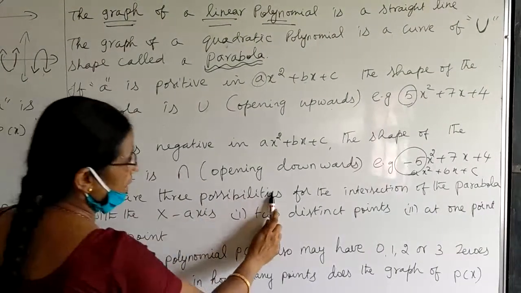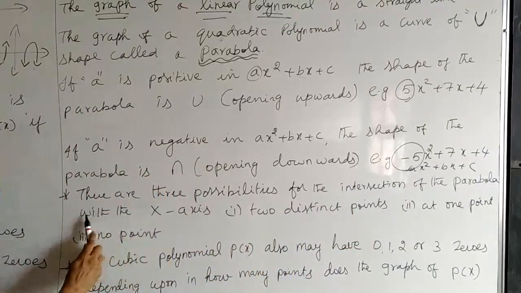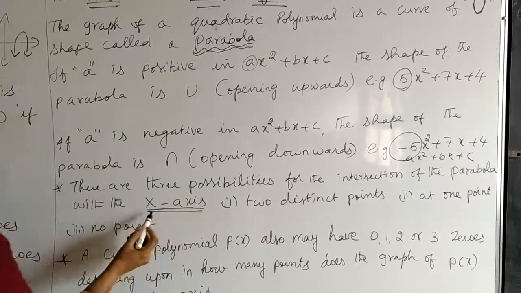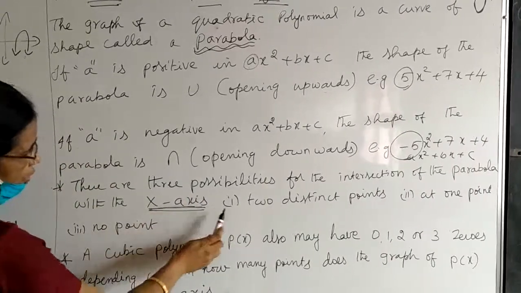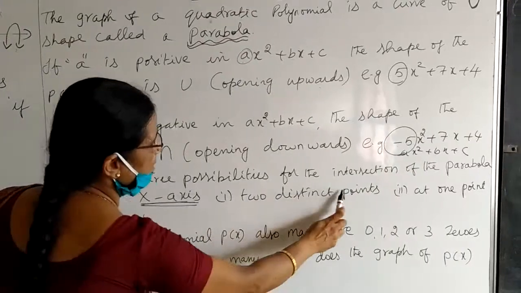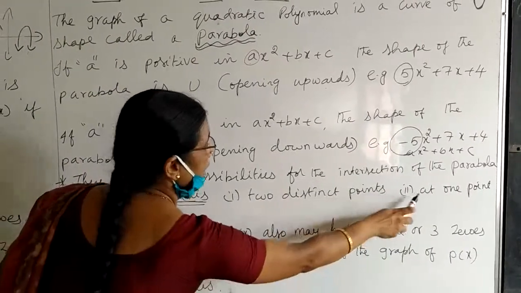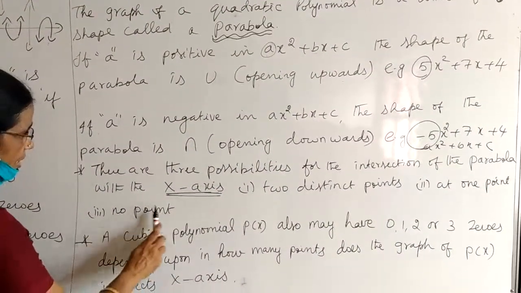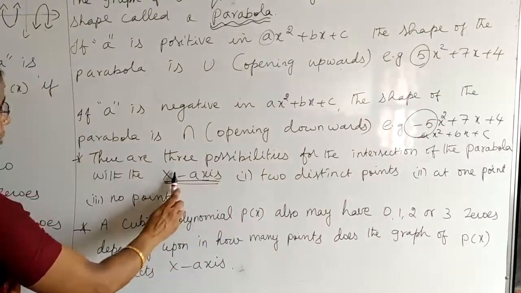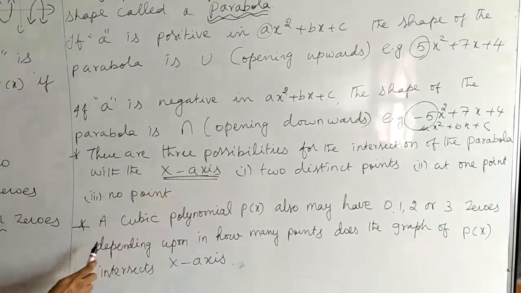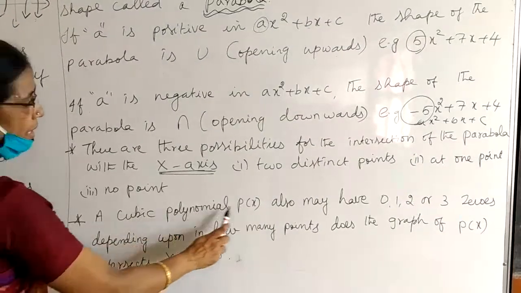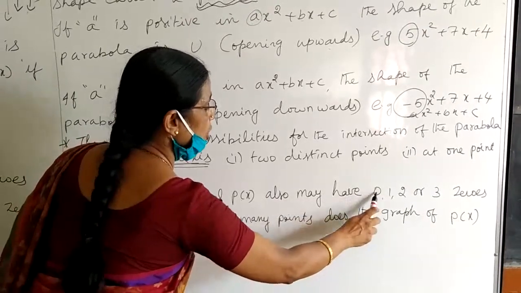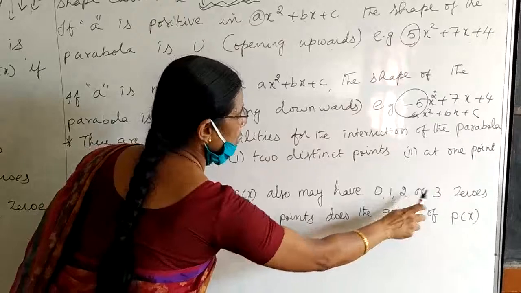There are three possibilities for the intersection of the parabola with the x-axis. If you consider a parabola and its intersection with x-axis, there exist three cases. The first case is intersecting x-axis at two distinct points, then intersecting x-axis only at one point, and intersecting at no point. These are the three different cases for a parabola with the intersection of x-axis. A cubic polynomial P(x) also may have no zeros, 1 zero, 2 zeros or 3 zeros.